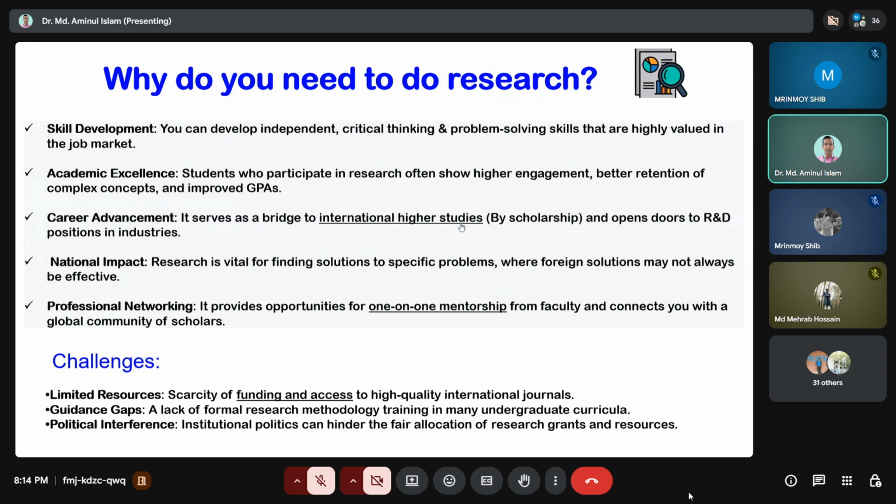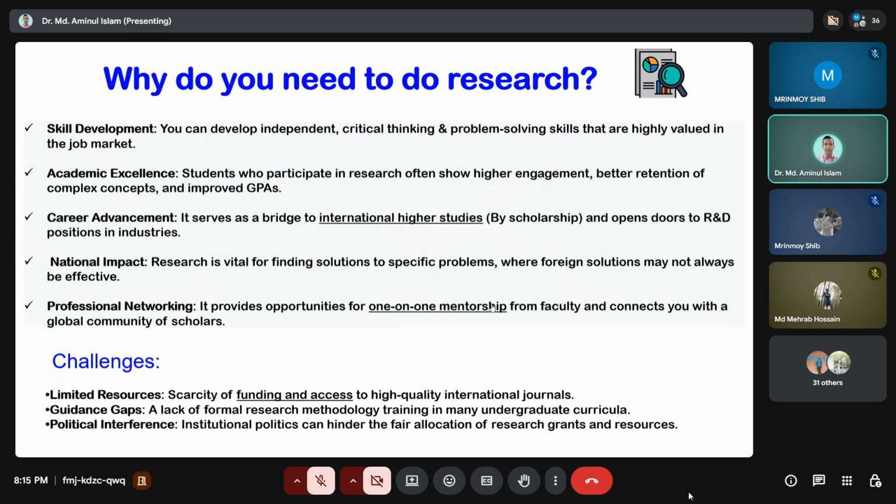The foreign university just wants to know whether you have the capacity to do some research that will help you get a scholarship abroad. So you need to do research for career advancement. Then another thing is national impact. Research is also vital for finding solutions to specific problems where foreign solutions may not be effective.